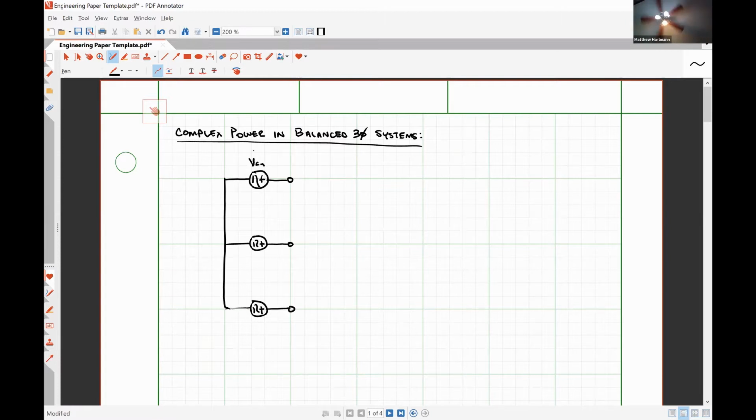This is our voltage VAN, here's VBN, here's VCN. Transmission line.